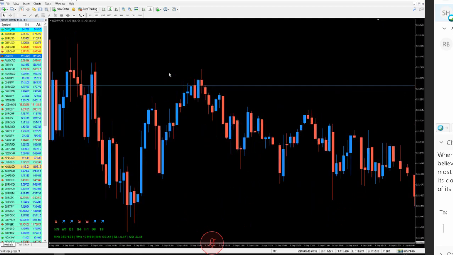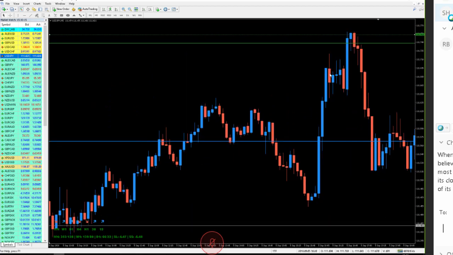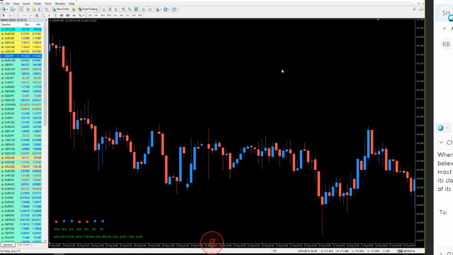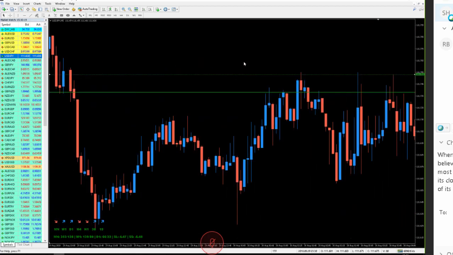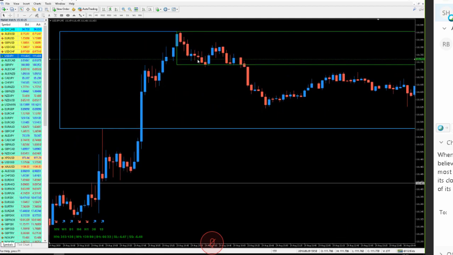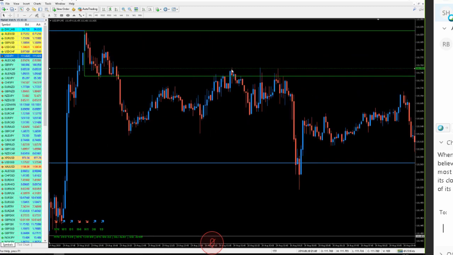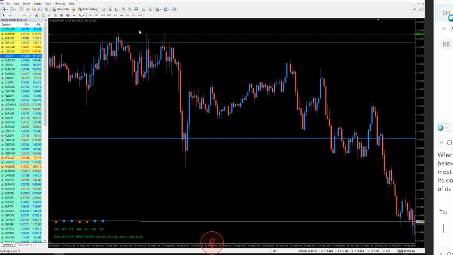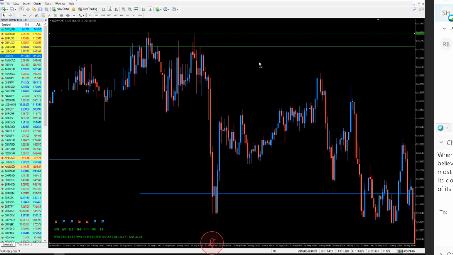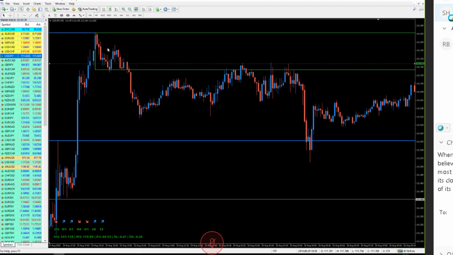Let's have a look here. Okay, so we had the top here, and price kept moving back. This is where we saw it here. So we had this one, and this one, and this one, and all of the other ones. These are important because you have to understand that yes, we had a tiny one here, but you want to focus on the bigger moves.